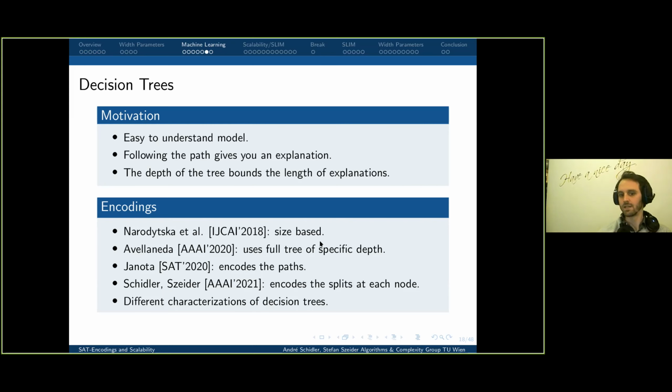It's not that somebody proposed an encoding and then we improved the encoding, but somebody showed that it's viable to compute decision trees using SAT, and then people came up with new ideas of how to encode this problem. So we are not yet at the stage where we just make existing encodings more efficient, we are still at the stage where we try to find new characterizations of the same problem.